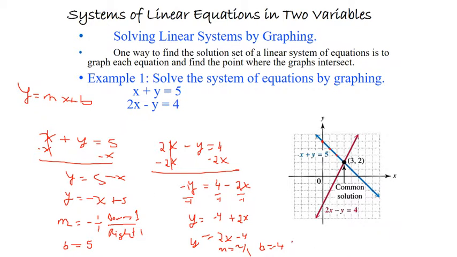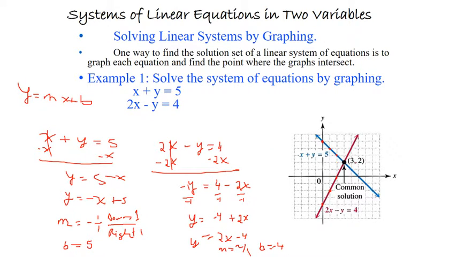For this equation here, we have y is equal to 2x minus 4, so the slope is 2 over 1 and the y-intercept is negative 4. So this is my y-intercept, negative 4 over here. And I'm going to go up 2 units and 1 over. Up 2 and 1 over. You can go up 2 and 1 over and find more points.